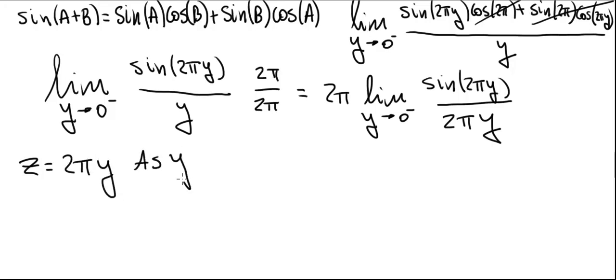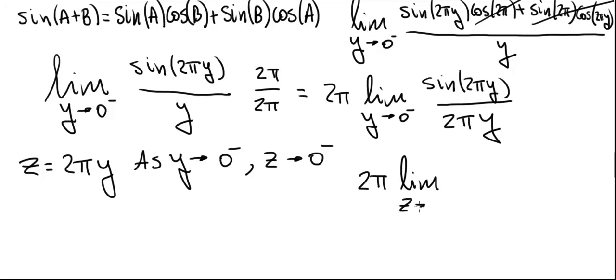As y approaches 0 from the left, 2 pi times very, very small negative numbers will also yield small negative numbers close to 0. So z also approaches 0 from the left, and the limit in variable z becomes 2 pi times the limit as z approaches 0 from the left of sine z over z.